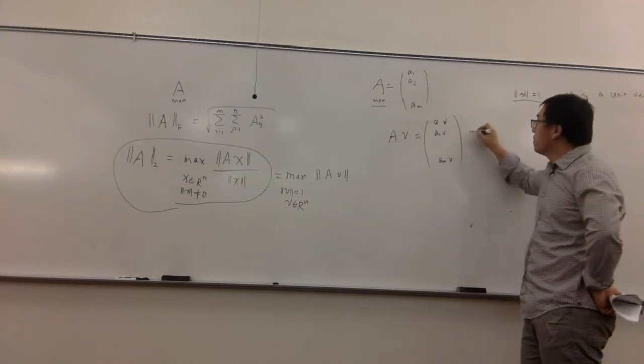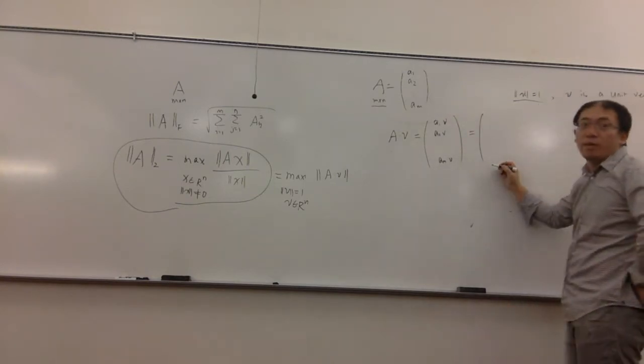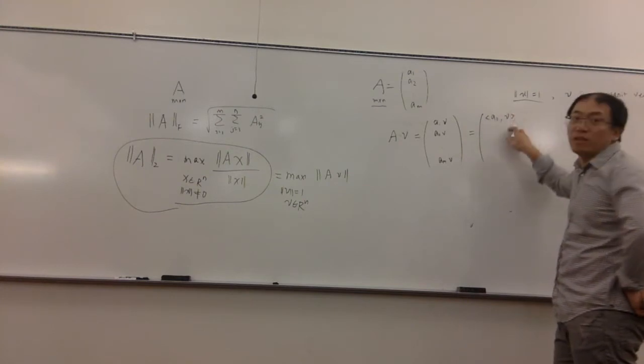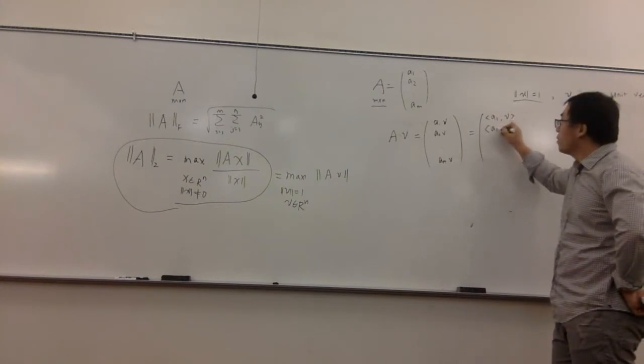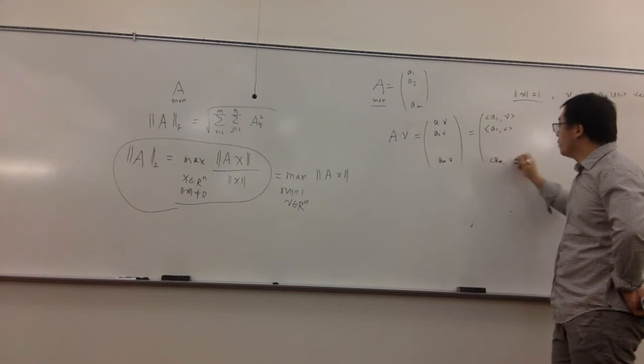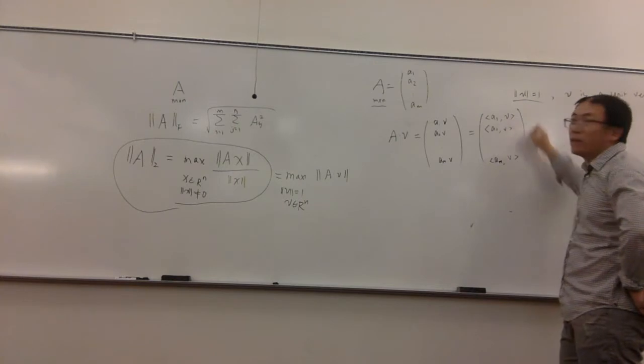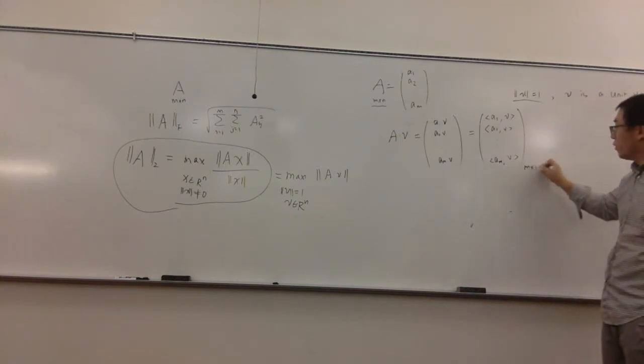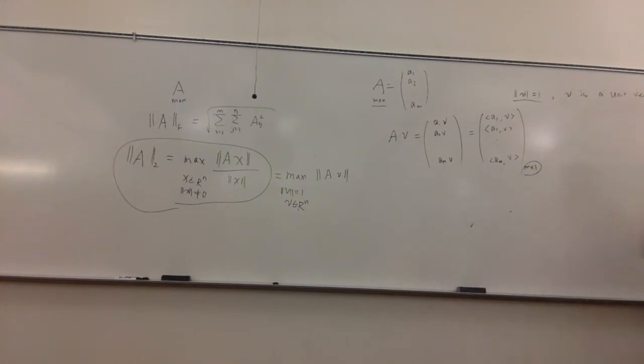Or in other words, each element will be the inner product between the row and the V. And second is A2 V. And the last element will be the inner product between AM and V. So we finally end up with an n by 1 vector.